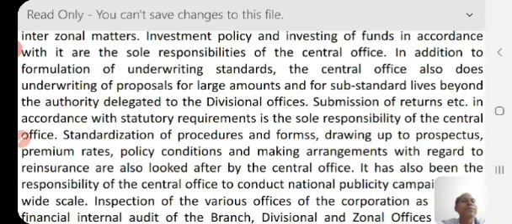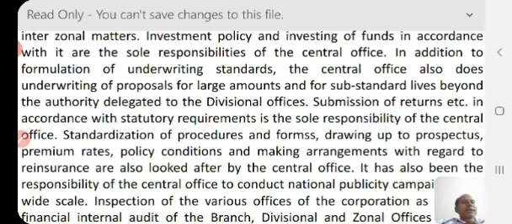Investment policy and investing of funds in accordance with it are the sole responsibility of the central office. So investment policies and investing of funds in accordance with it is the major responsibility of the central office.